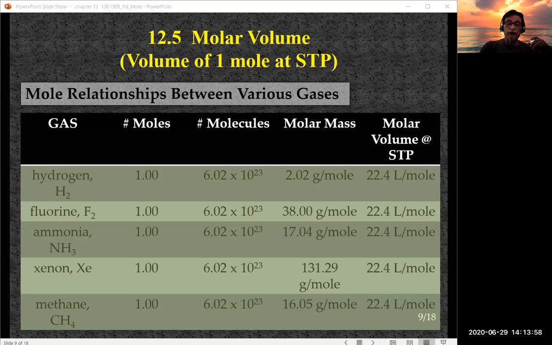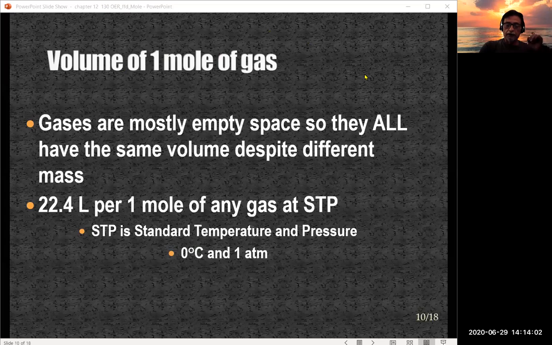So we call that molar volume. Again, at STP, 1 mole of any gas occupies a volume of 22.4 liters.